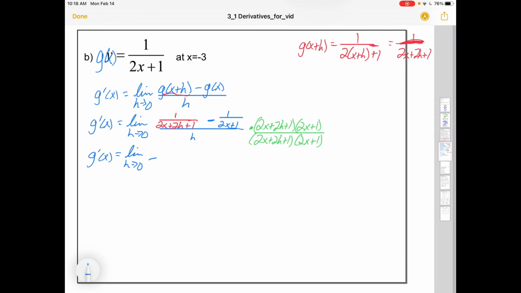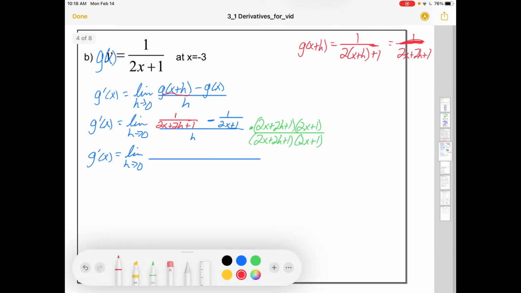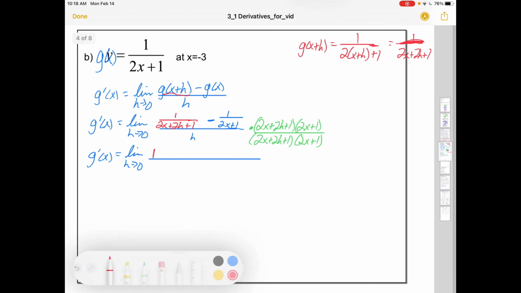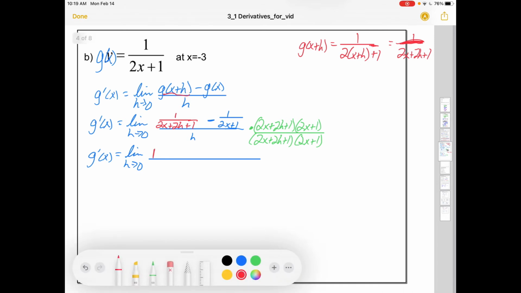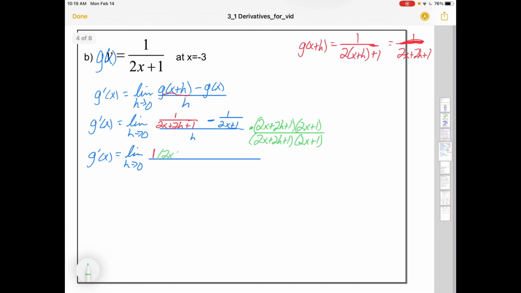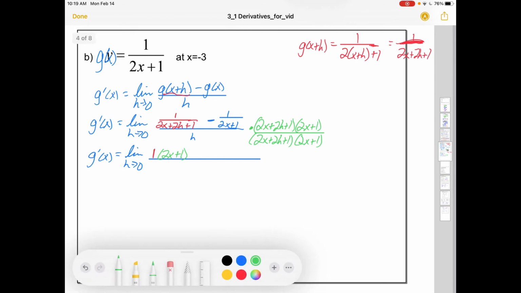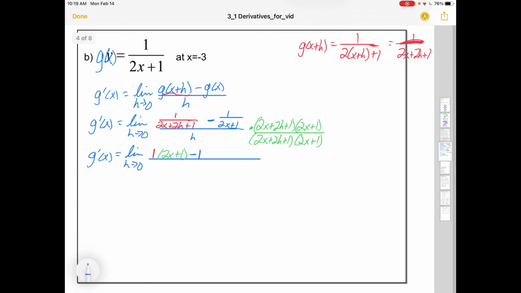I'm going to try and color code this so that it's clear what's happening. I'm going to have 1 times the 2x plus 2h plus 1s will divide out, so I'll just be left with 2x plus 1 minus 1, that's the numerator up here.